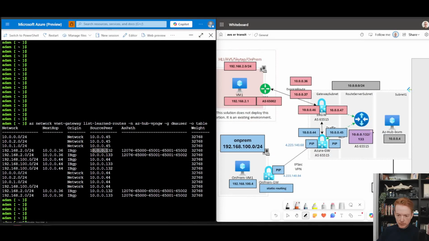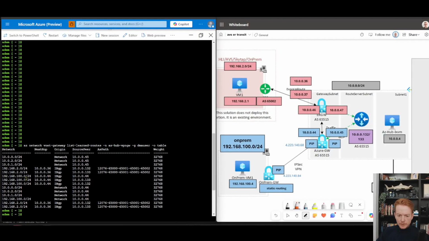That's the route server. Okay, makes sense. Next hop, 0.36. That's interesting. We need to work out where that is. The AS path looks like this. You've got the Microsoft Edge, 12.0.7.6, and then the rest of it, that's what my on-prem branch is set in when they're advertised to Azure.